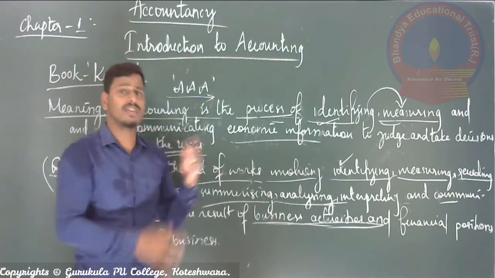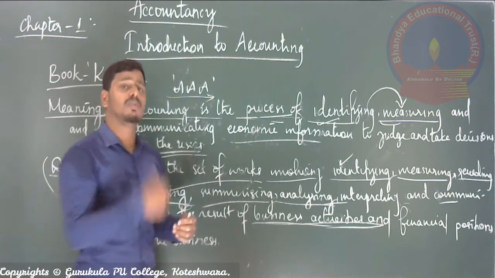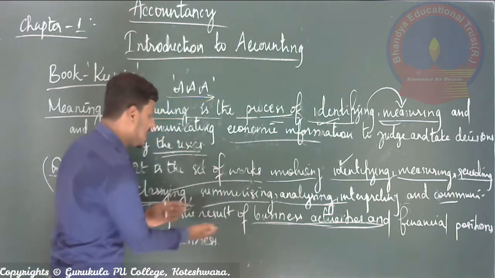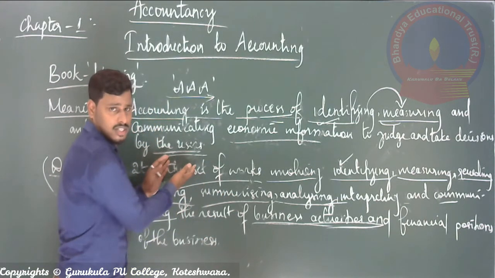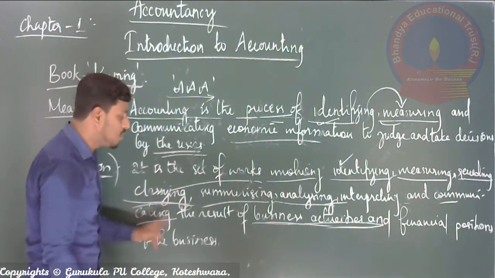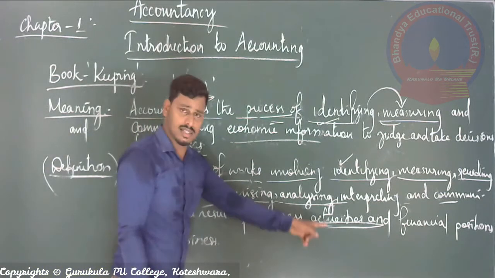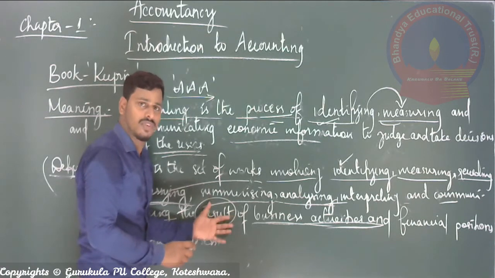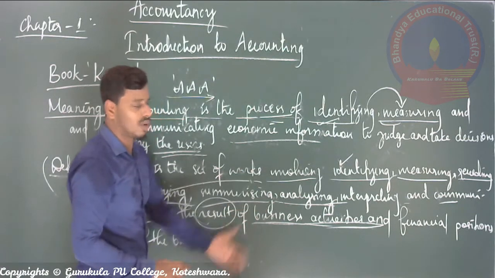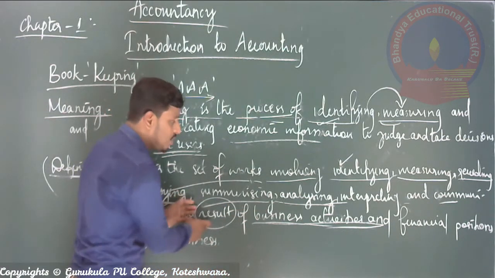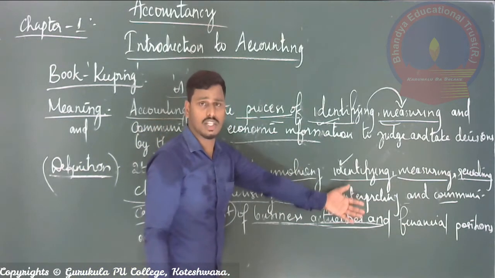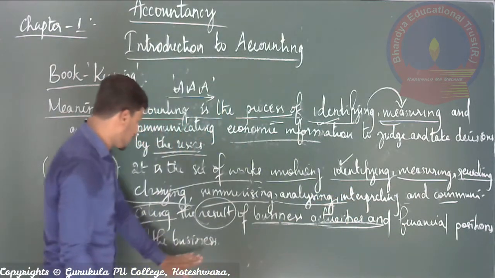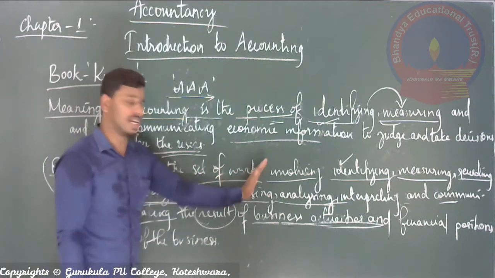If after finishing all those things it is communicated to all the parties, it is the end of the accounting process. So I continued here communicating the result of business activities. Result means the end result you get, profit or loss, or the position of the organization. If it is communicated to the different parties of the organization, it is now the end of accounting activities.